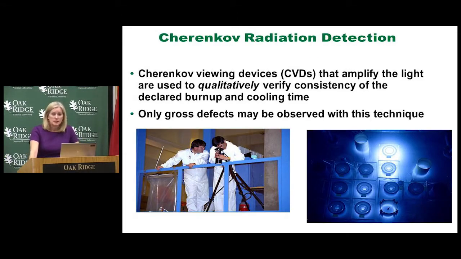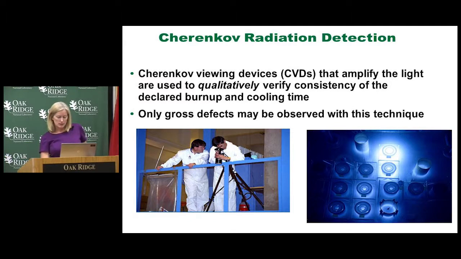Another device that is used by the IAEA is a Cherenkov radiation viewing device. What that does is it amplifies the light that is given off by Cherenkov radiation. Cherenkov radiation is a blue glow in the water that's caused by the gamma rays being emitted from the fuel.